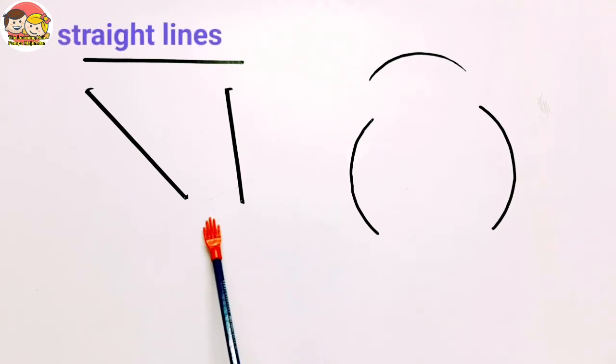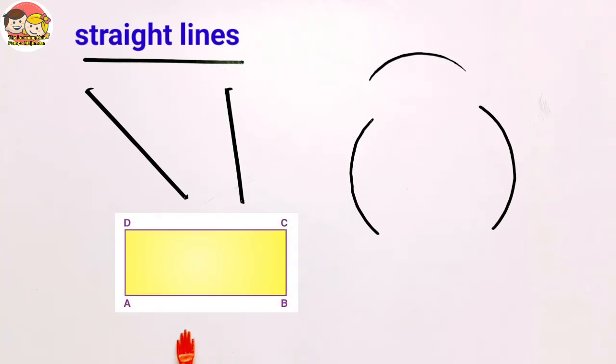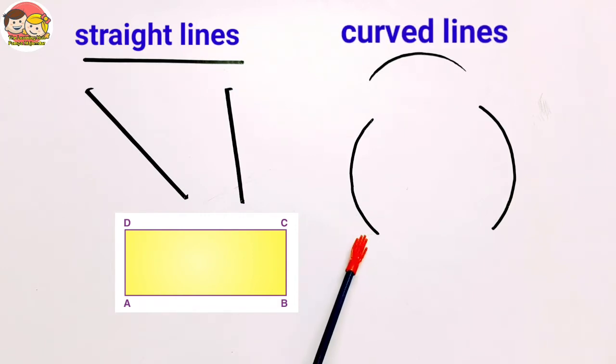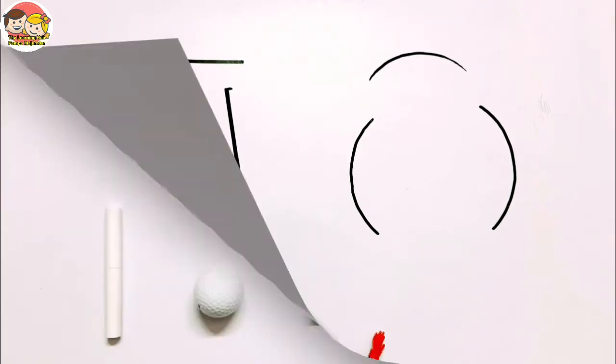These are straight lines. For example, this is a rectangle. A rectangle is drawn with the help of straight lines. These are curved lines. For example, this is a circle. A circle shape has one curved line.